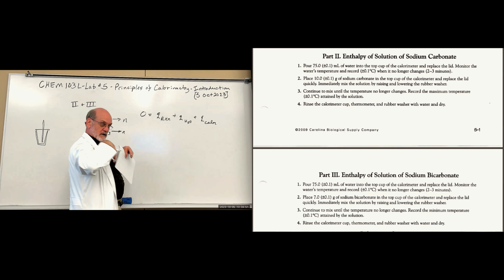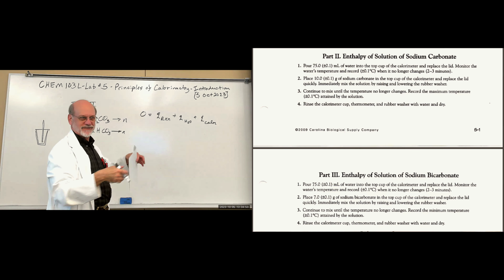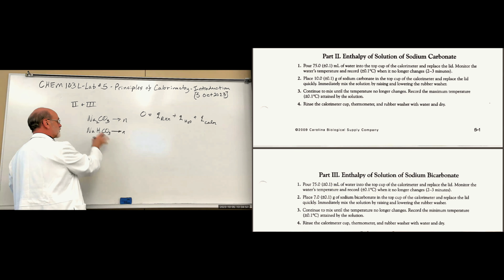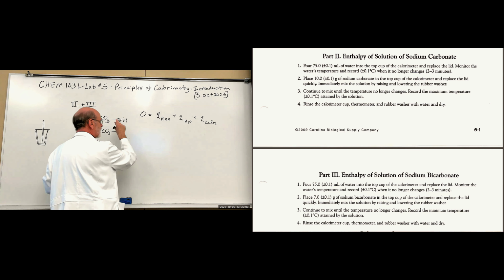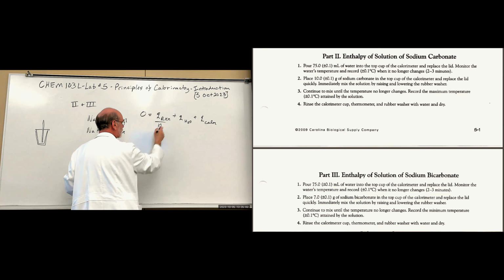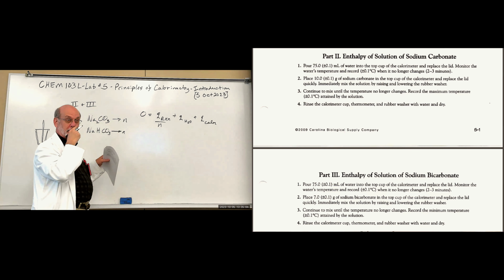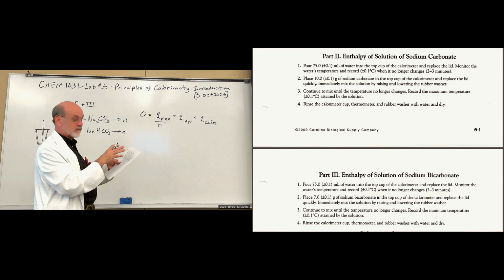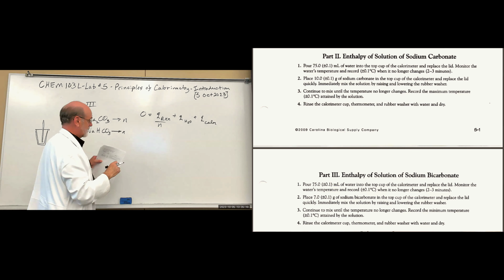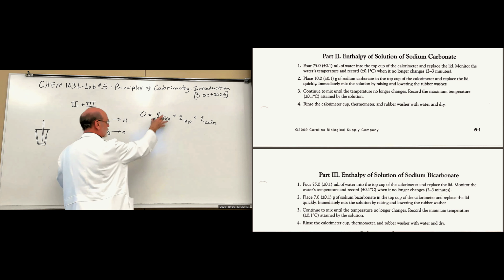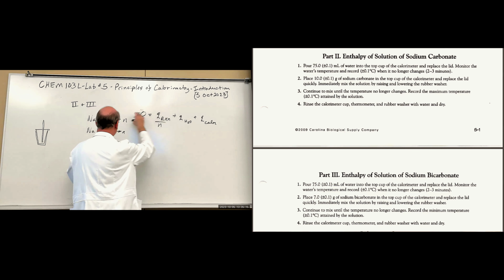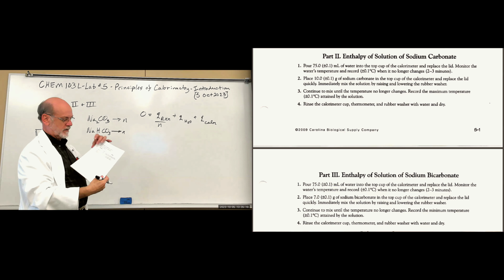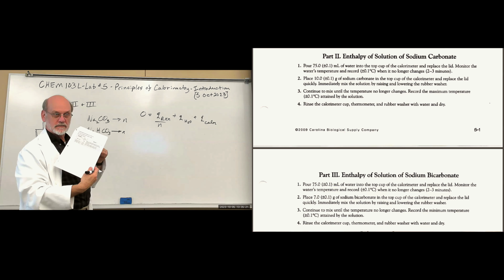So we want to intrinsify it. We need to change it to an intrinsic value. So what you do is you take the moles here and divide it into the Q that you get there. And then, of course, it's in kilojoules, so you'll have to be sure that you've got your right units. Once you find the Q for this reaction, then you convert it here, and that's what you compare with these values. Okay?